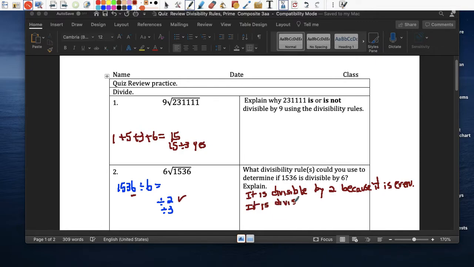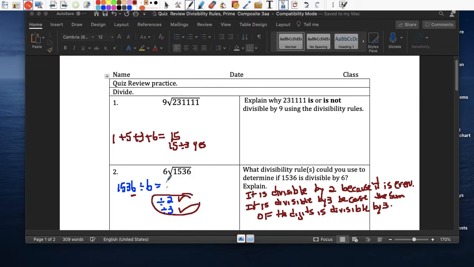We just did that, right? It's divisible by 3 because the sum of the digits is divisible by 3. Notice that we're not trying to find the answer. We want to know if it's divisible by 6. It's divisible by 2, yes. It's divisible by 3, yes.